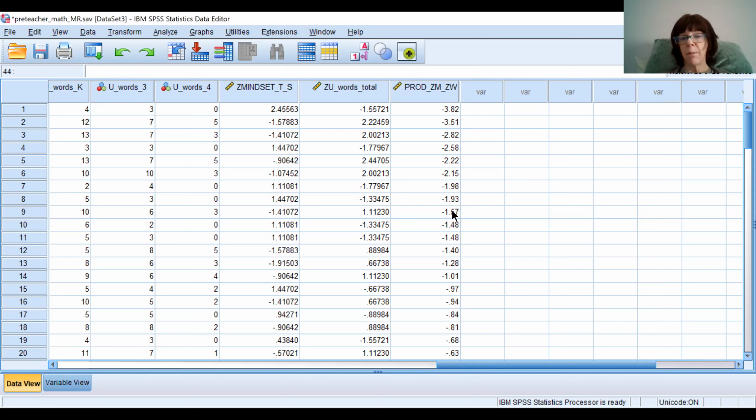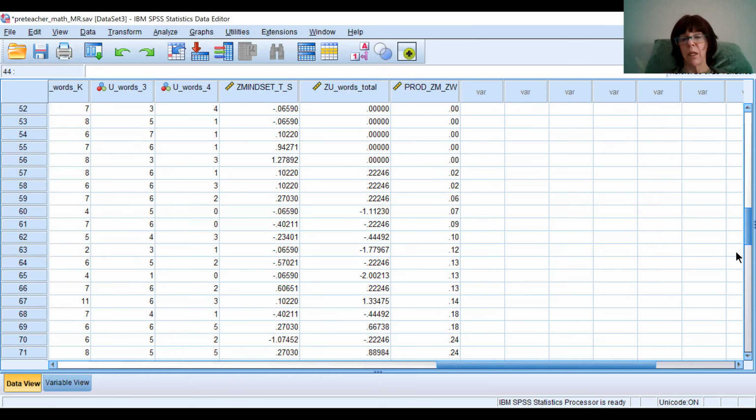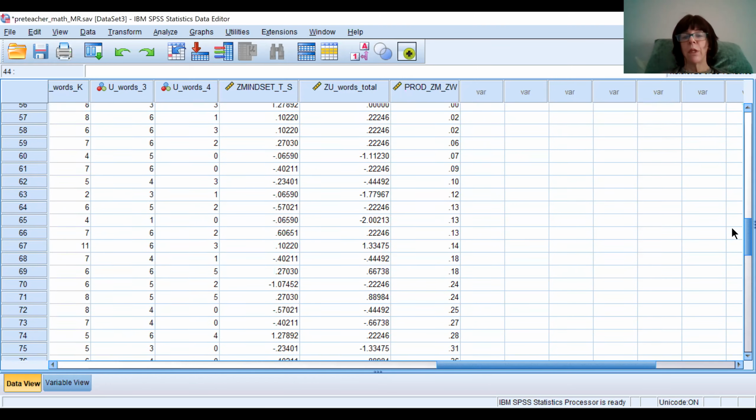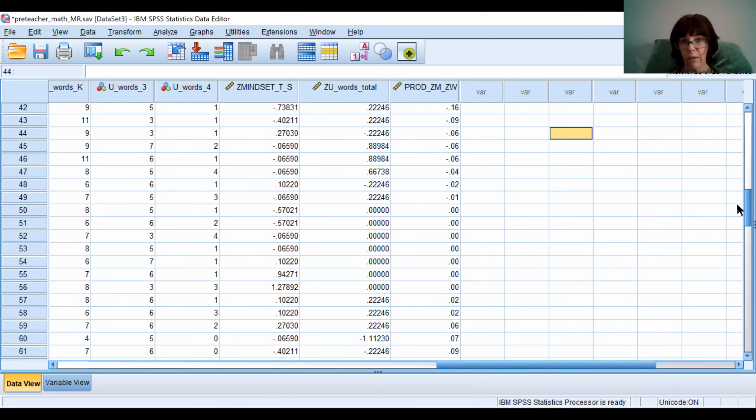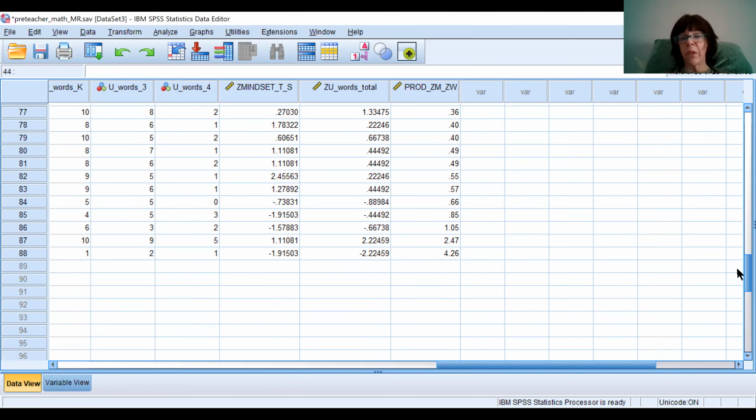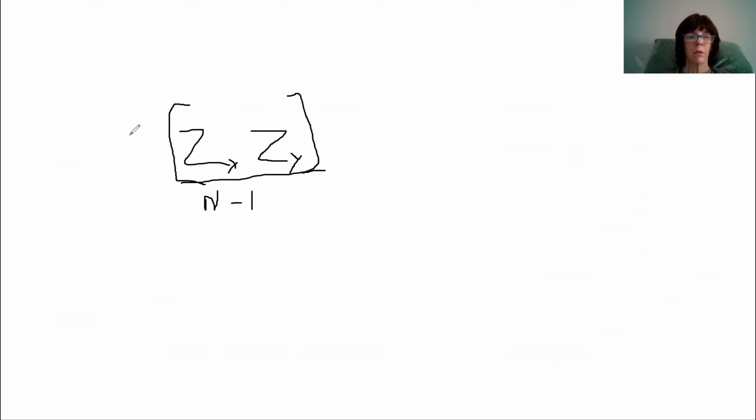It comes from the magnitude of these values taken as a sum. So if the sum of all these terms is negative, you will end up with a negative correlation. And let's put that summing term into our formula for the correlation.